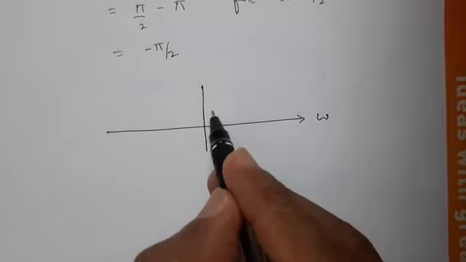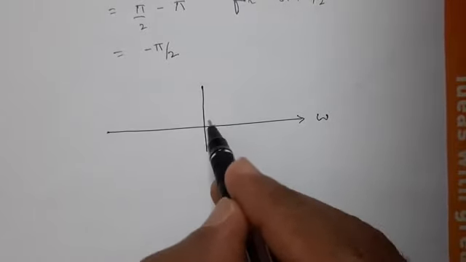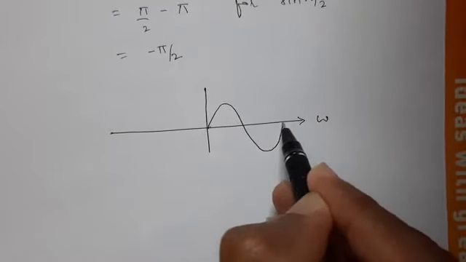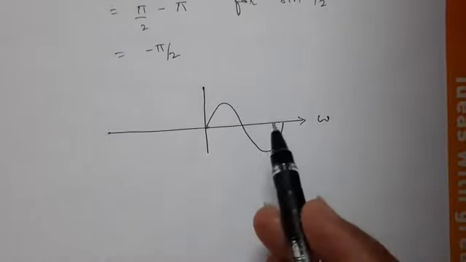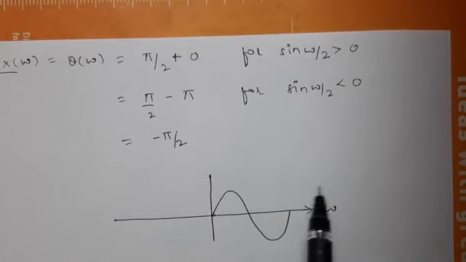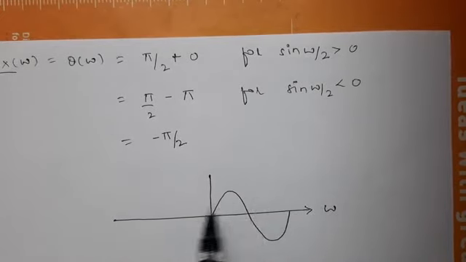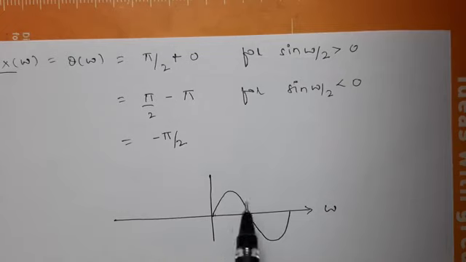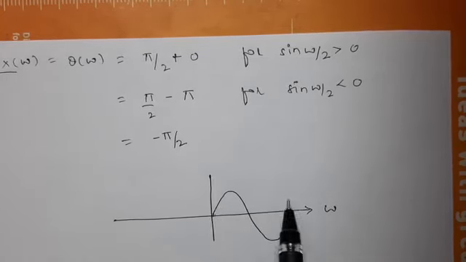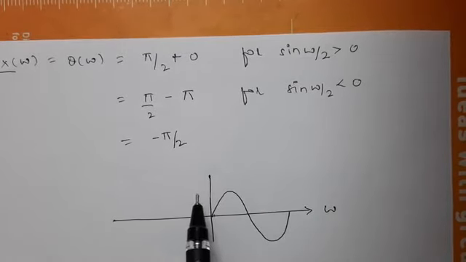So sine of 0.5 omega, that is sine of omega by 2, if yours is this sinusoidal signal, what is being told is sine omega by 2 is greater than 0. It is positive. Omega by 2 value is positive. So when omega by 2 value is positive, the angle contributed by it is 0. The angle contributed by it is 0.